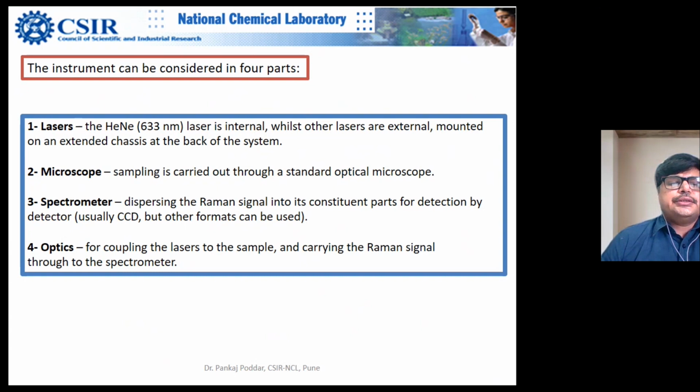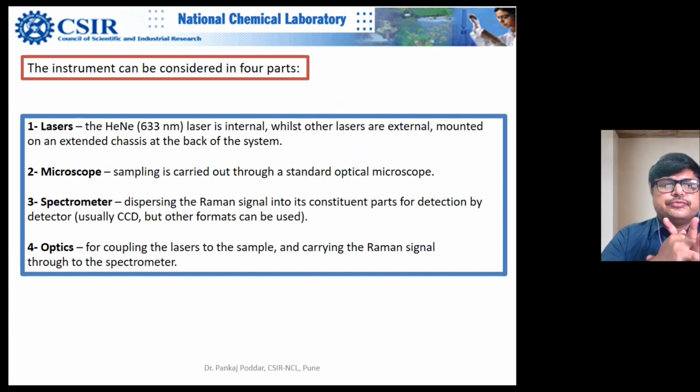And then we have a microscope because we are looking at limited spot size. For example, we want to focus on a smaller area, so we focus it using a macro, that's called macro Raman. And using a microscope, you can do raster scanning. Actually, you can pick up the Raman signal from different areas of the sample.